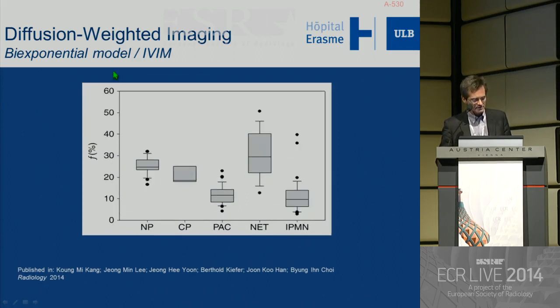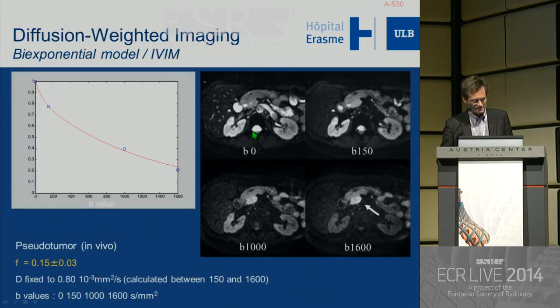But if you address this with the IVIM model and you measure the perfusion fraction, clearly they could find a statistically significant difference between pancreatic cancer patients and chronic pancreatitis. So probably we have here a tool that should be investigated in many other centers to address this question.